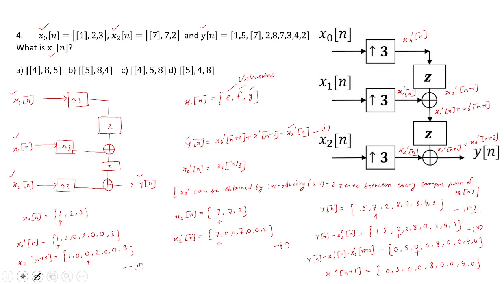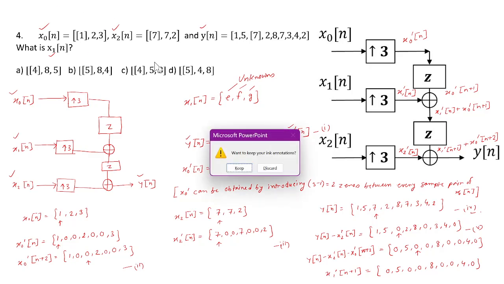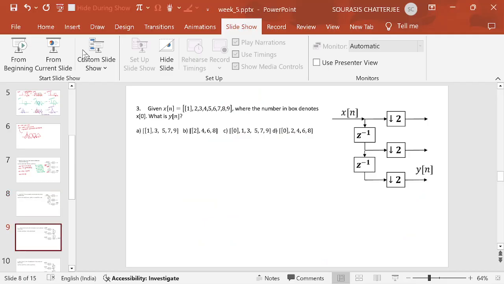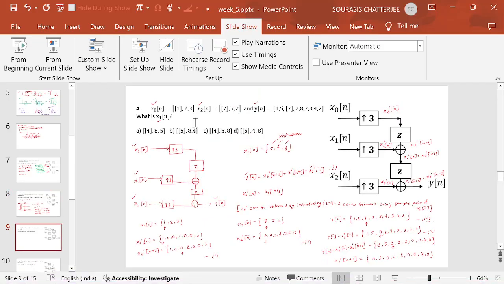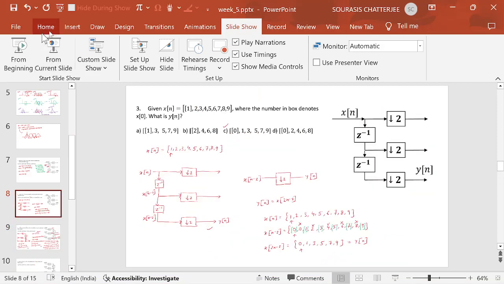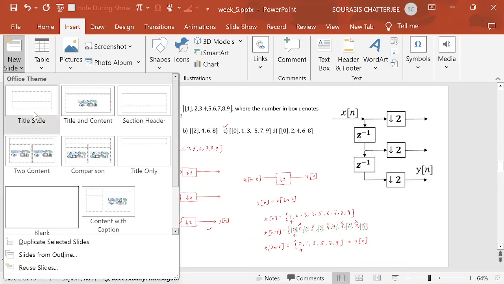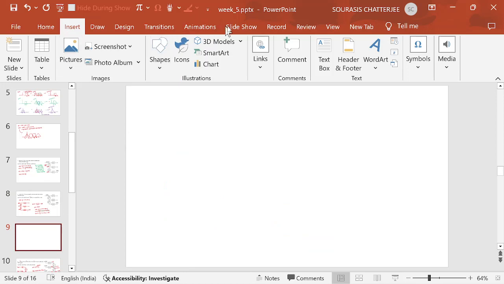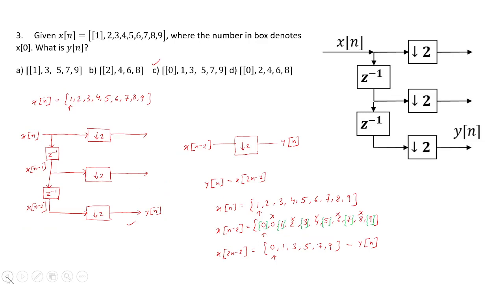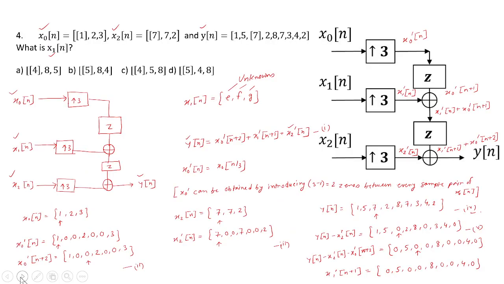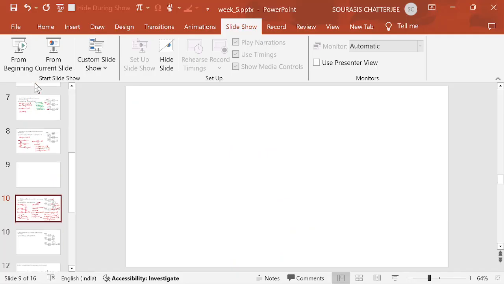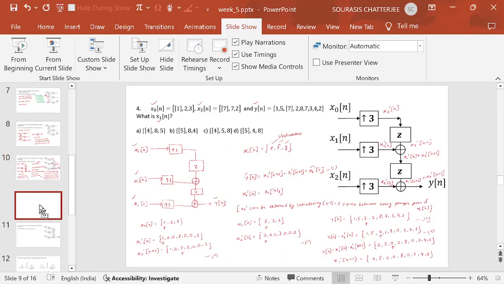Now let us introduce a slide here, otherwise things are getting messy. Okay, the slide is entered at wrong position. Okay, this is fine now.